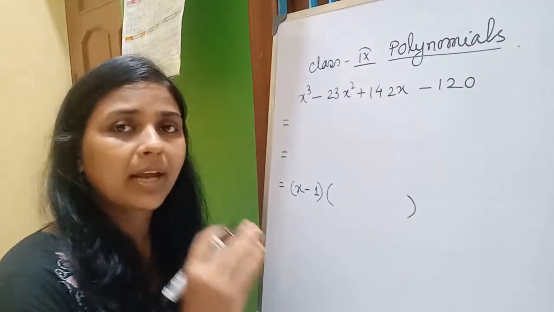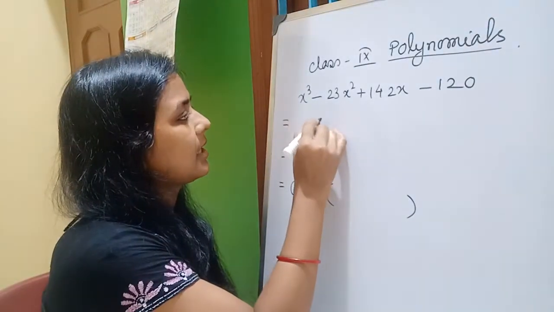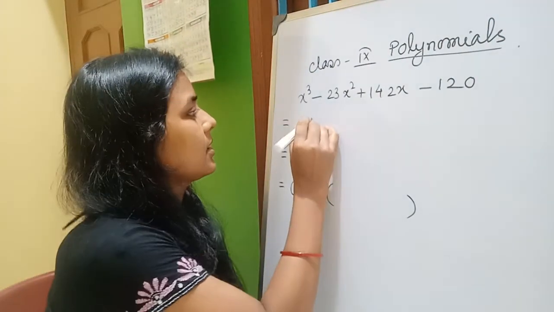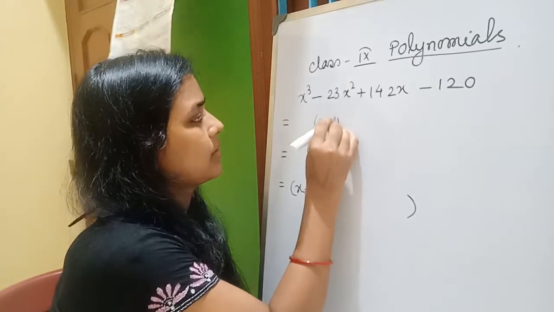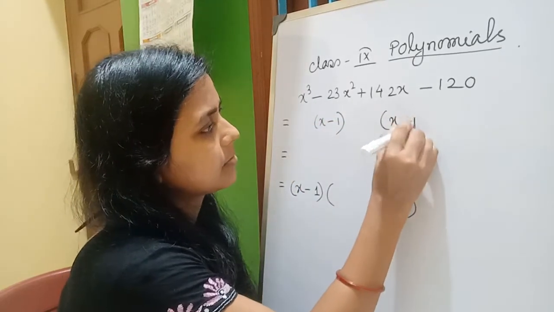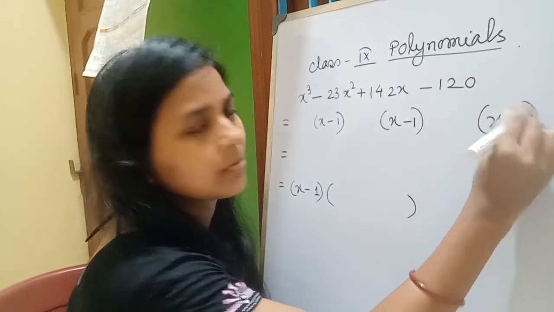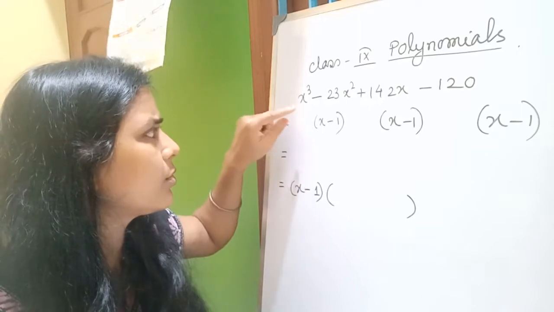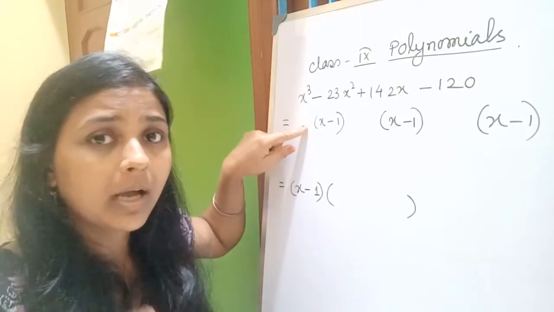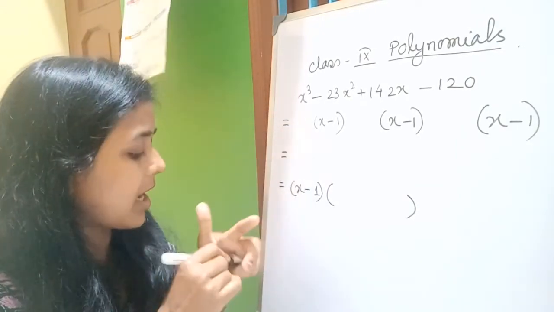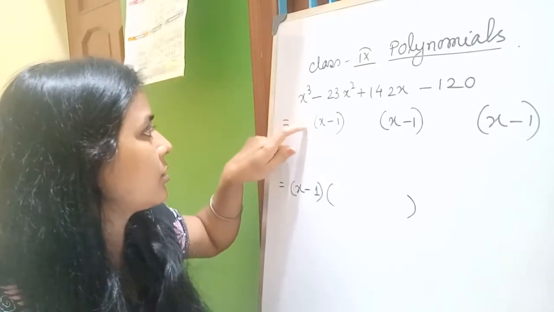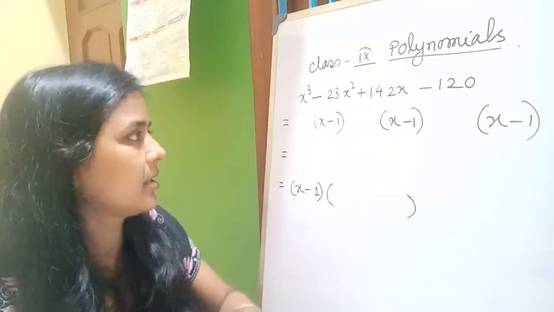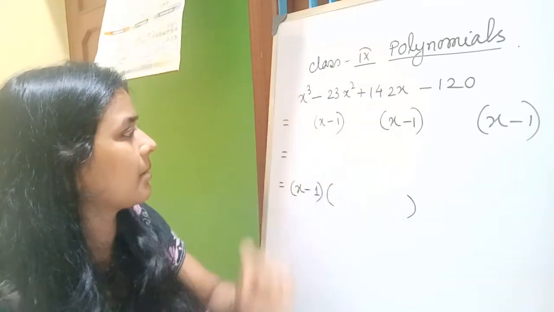We will write that later. First, in the second line, we will write x minus 1 with some gaps, like this. Then we will try to put something here so that the first line will come back.